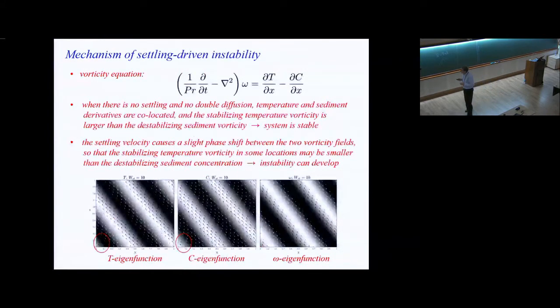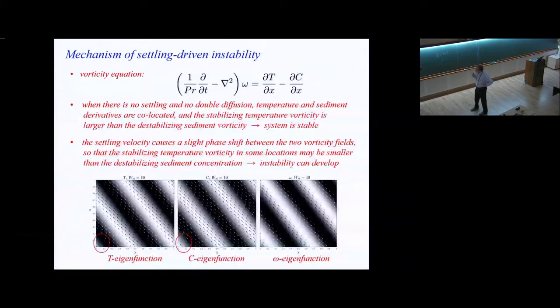Well, in order to understand what drives this instability, it's again good to look at the vorticity equation. We can write the vorticity equation in this form, where we can essentially say vorticity is being generated as a result of horizontal temperature gradients and horizontal sediment concentration gradients.